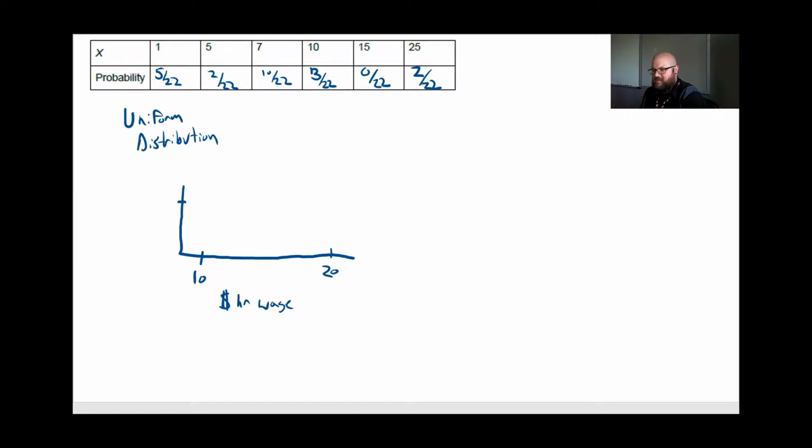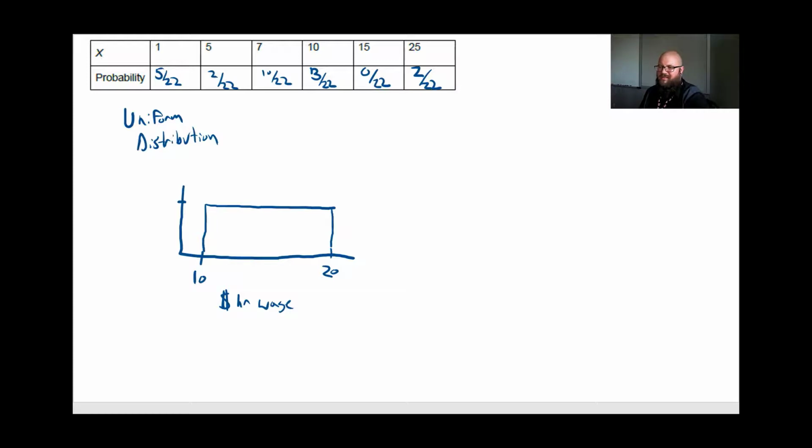Because I have the same probability. We're not drawing a normal bell curve because they have the same probability.